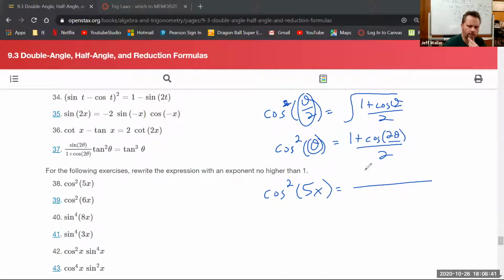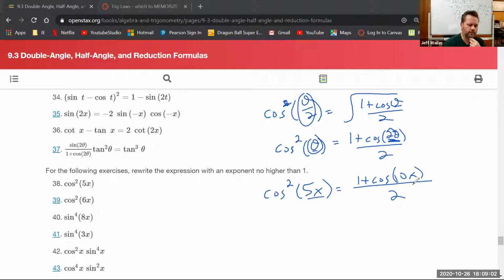Is it 1 plus cosine 5x divided by 2? No, twice theta. See that? It'd be 10x. I just double it here because that's what the thing tells me to do, right?